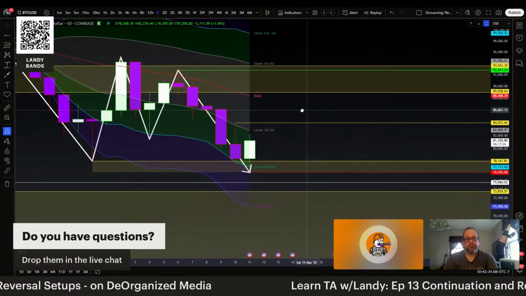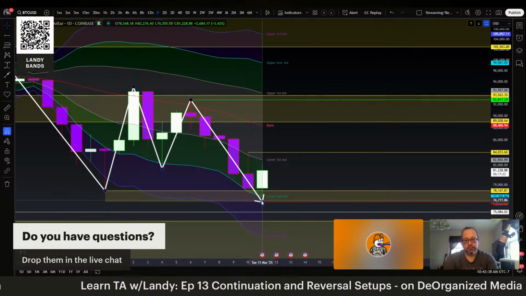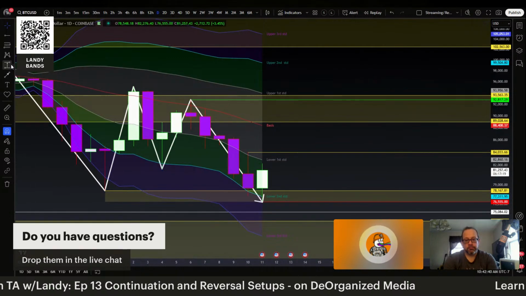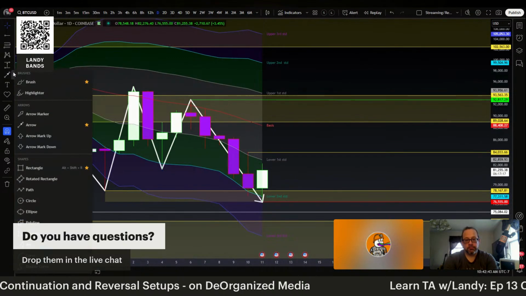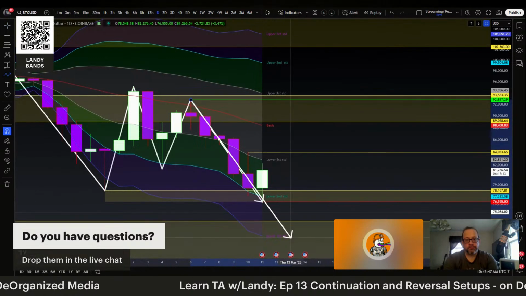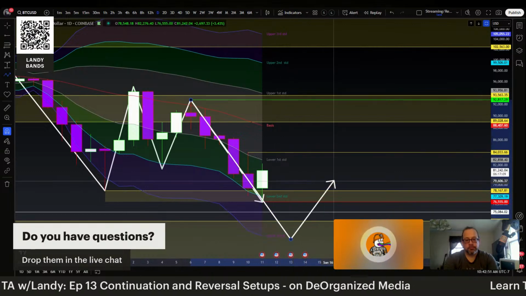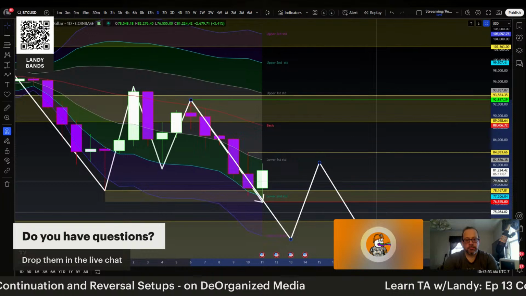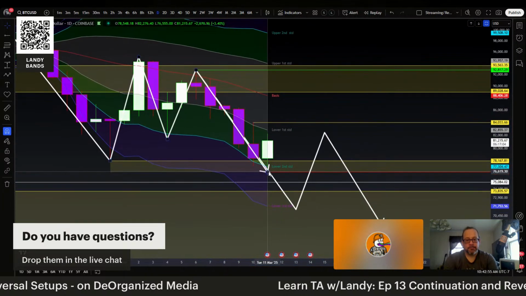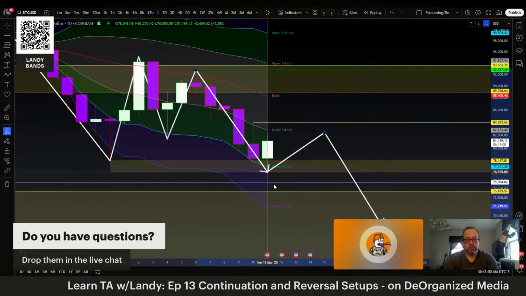As it stands right now, we know that we need to see this lower low be set, right? So we can say, okay, one path is just continuation down into the supports. We get more lower highs and the trend continues down, right? That is one path. We know this based on what we've just established.